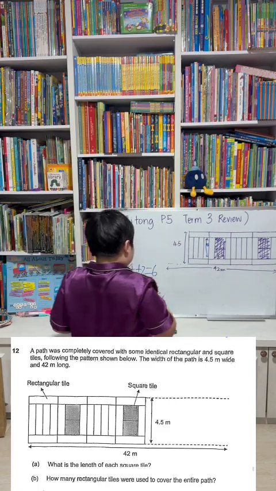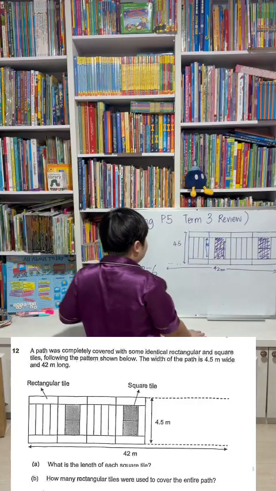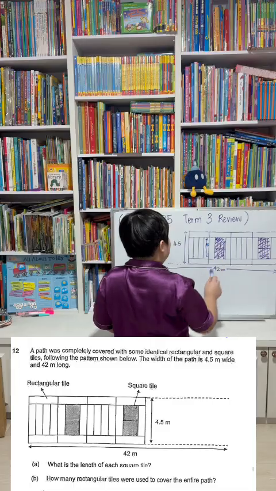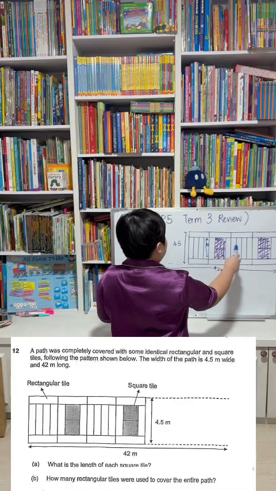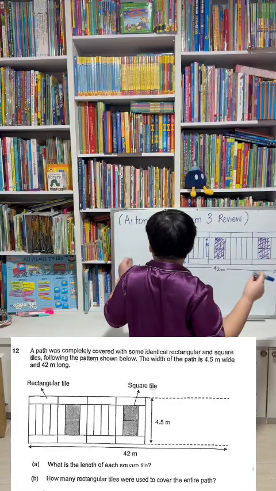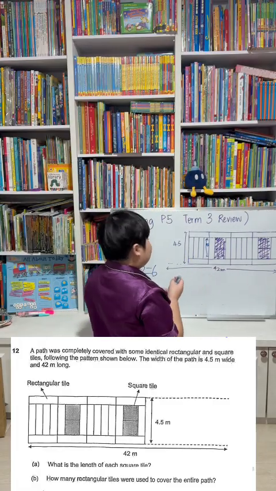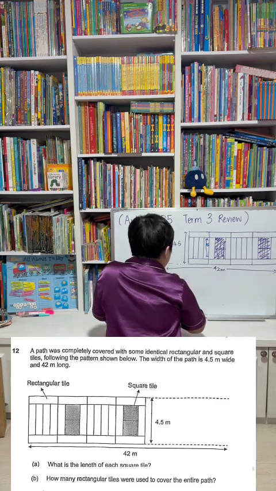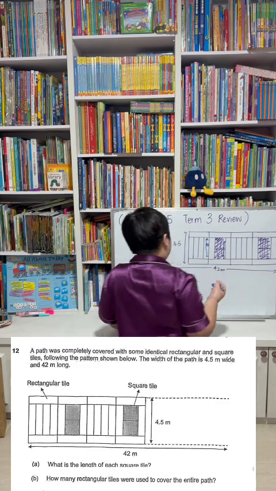Okay, so then we see that after the squares are here, we can only see 2 rectangles in the middle instead of the usual 4. So we can find how many rectangles the squares are taking up by doing 4 minus 2 equals 2.